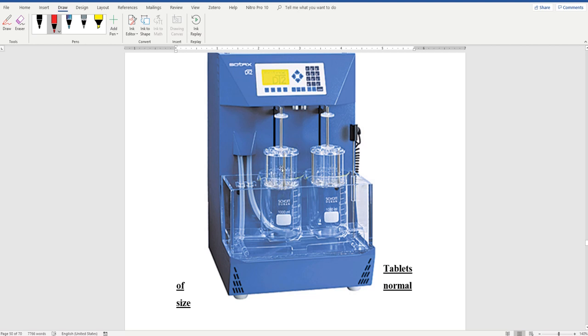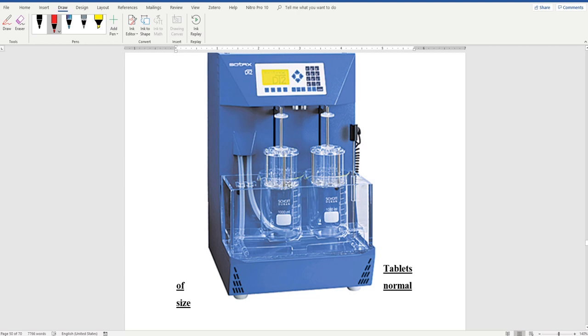Suppose one tablet, or a maximum of 2 tablets, have not completely disintegrated. The other 4 or 5 tablets completely disintegrated. Then you need to do the test with an additional 12 units. Take 12 units randomly and do the same test again.